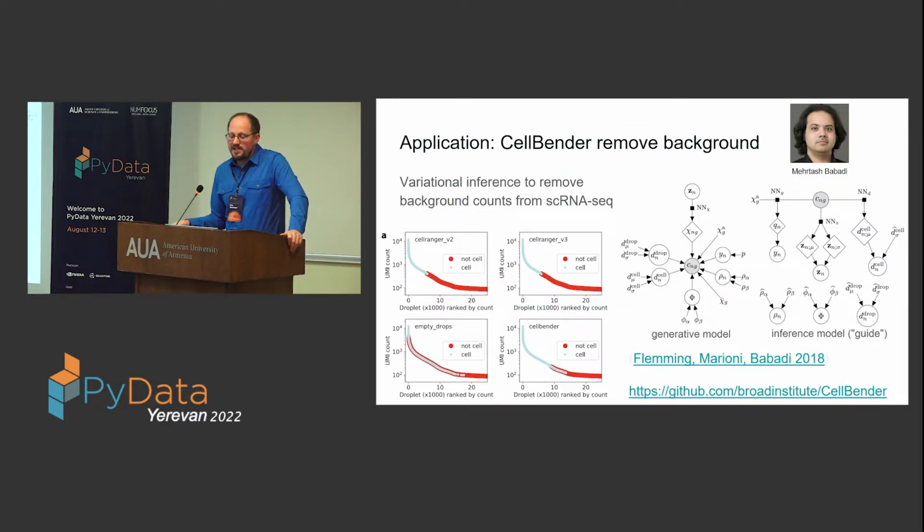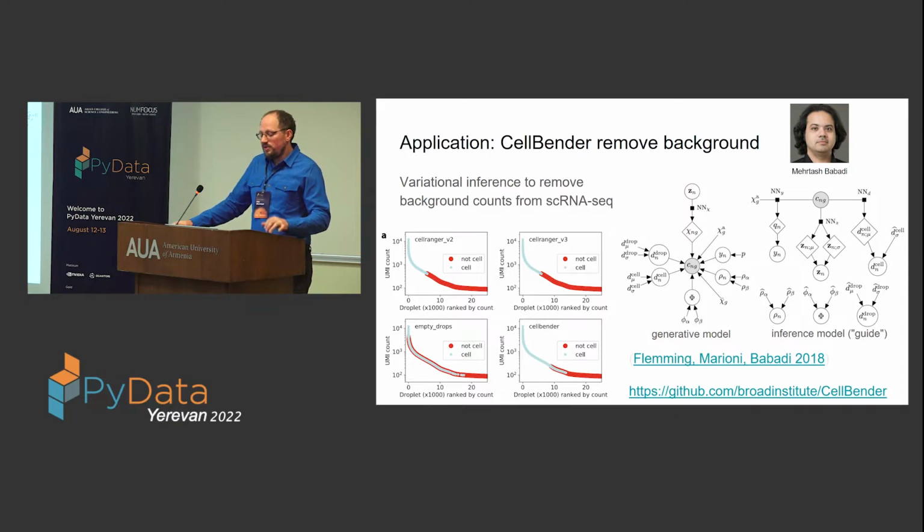Another application we saw was by Mehrtash Babadi, who's a researcher at the Broad Institute in Cambridge. He built this probabilistic model. This is one of those graphical models. Here's a picture of his graphical model that he built with this project.